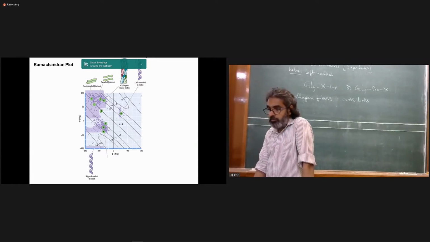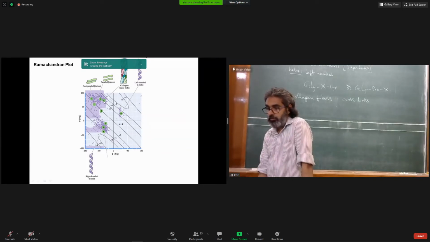So all the elements which we are showing on the Ramachandran plot here: anti-parallel and parallel beta strand sheets, collagen, polyproline 2 helix, C for collagen. Now the phi and psi of these amino acids in the collagen alpha chain is shown here.